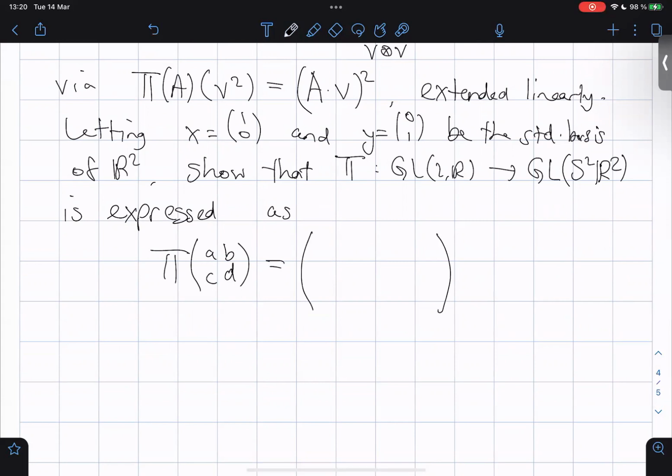Now for S2 of R2, the first question is, what's the dimension of this vector space? It's in fact going to be three-dimensional. So I'm going to choose a basis. Here's the basis: x squared, xy, y squared.